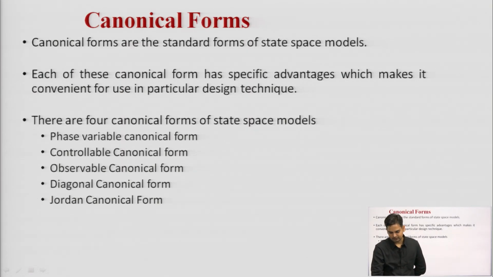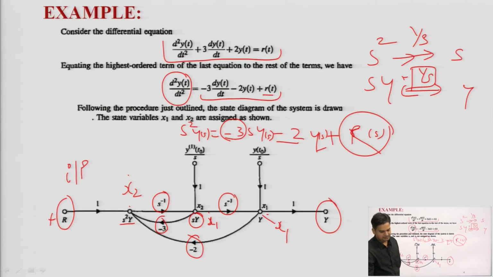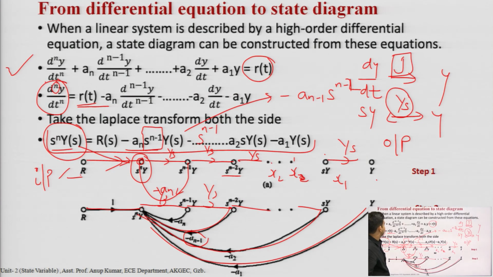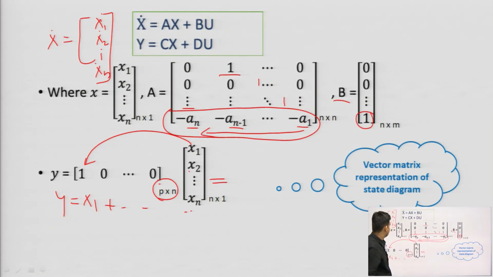Now, we will come to the canonical form, right. So, if I have to represent the state model in terms of SFG, so what I will do? I will take the reference of the previous step. So, whatever step that we had seen in this case, okay. So, this basically tells us the canonical form representation of state space model, right.